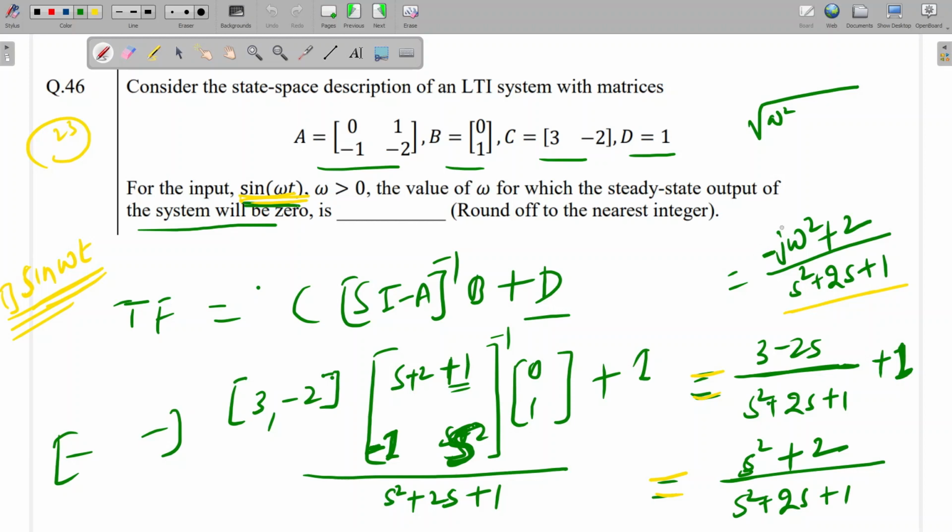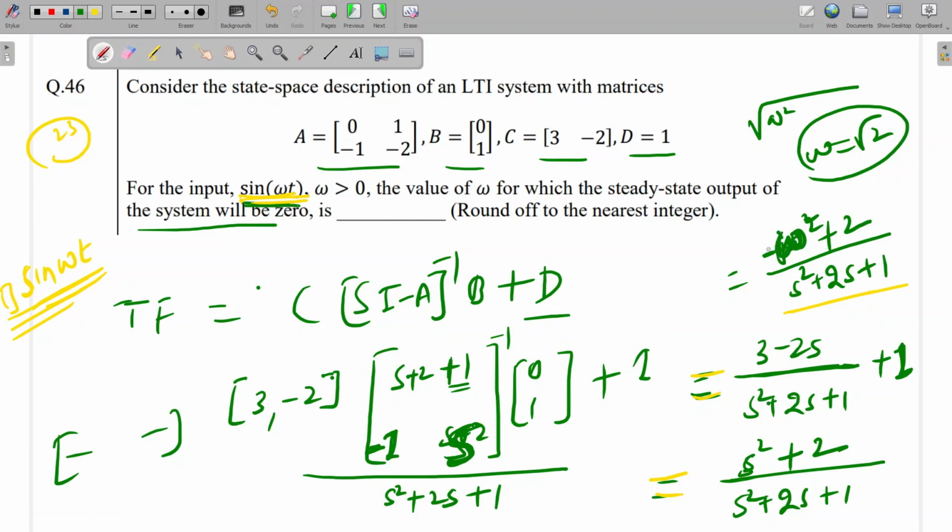One second. So what will it be here if I am putting j omega? Anything we are doing a mistake here, something is missing. So j square is equal to minus 1, so minus omega square, correct? Omega will be equal to under root 2.